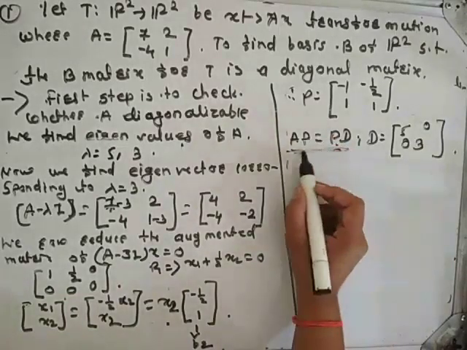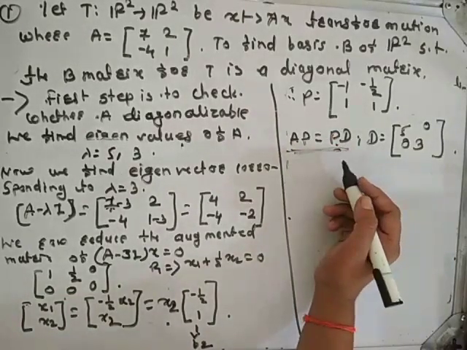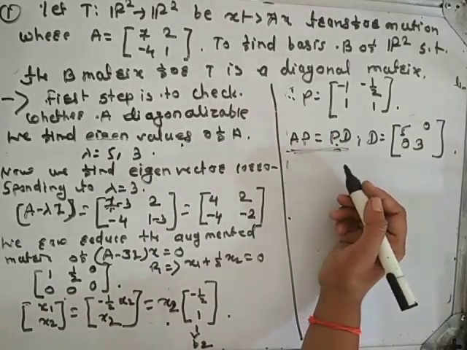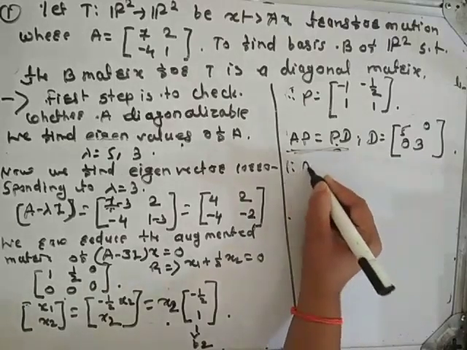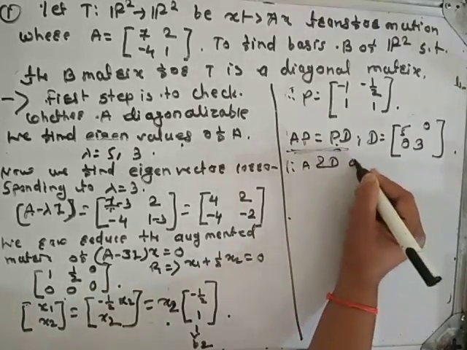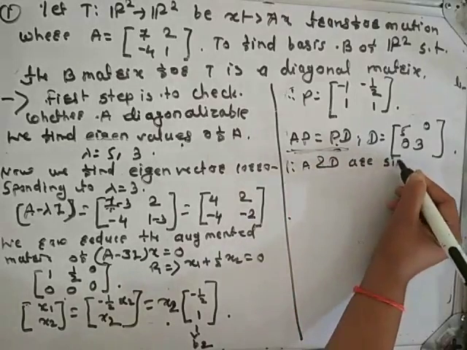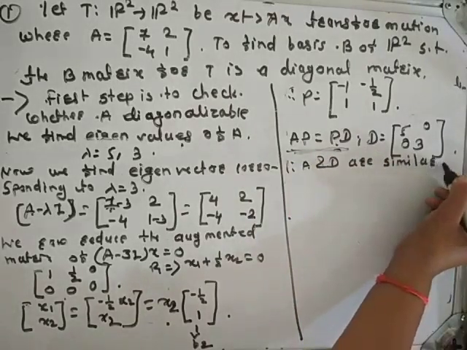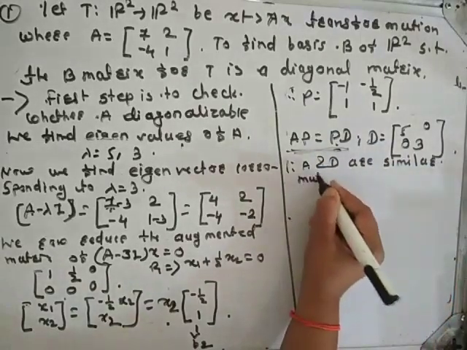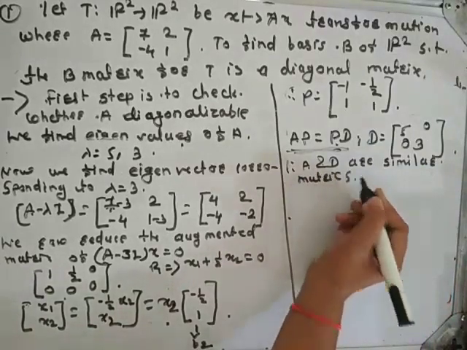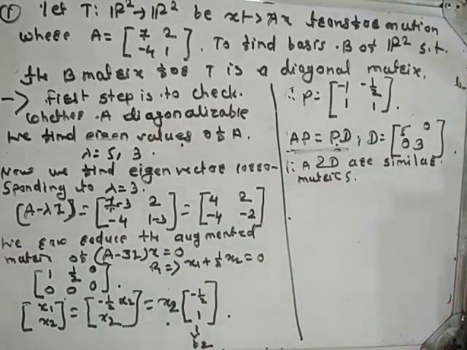So AP equals PD means that A and D are similar matrices.